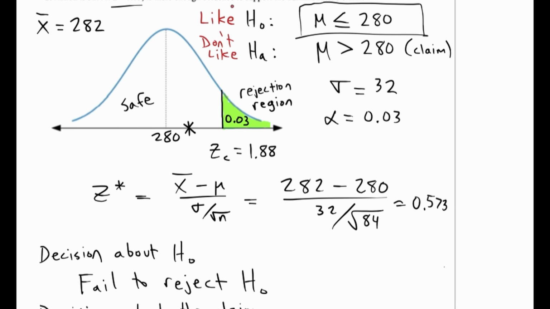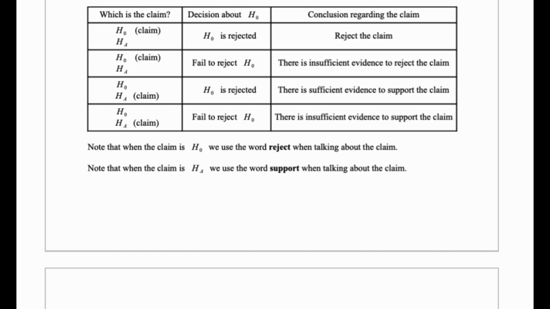And so what we would say, there's a guide for how to say it. So there's four possibilities. It could be that your claim is H0, and it could be that you reject that H0. It could be that your claim is H0 and you fail to reject H0. We don't have any of those cases right now. Our claim was HA.